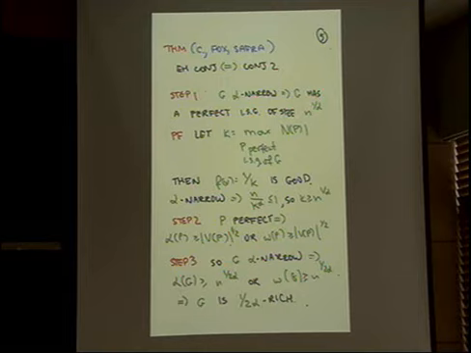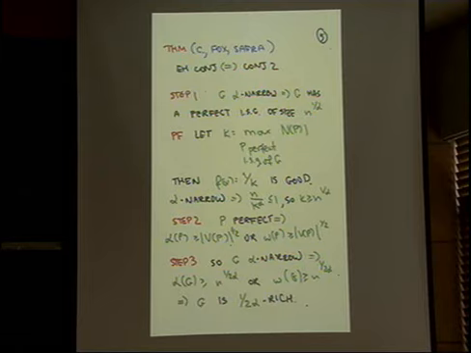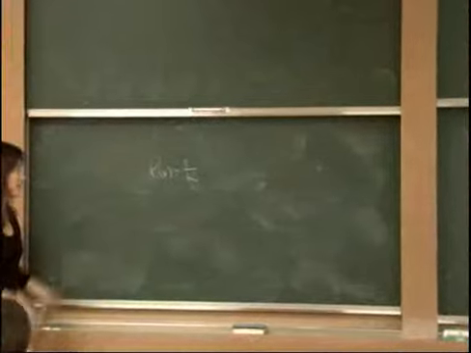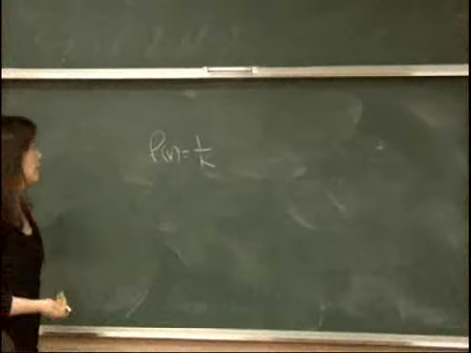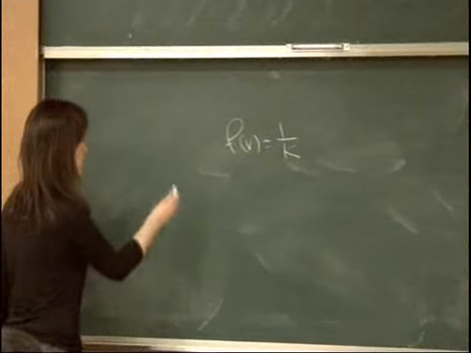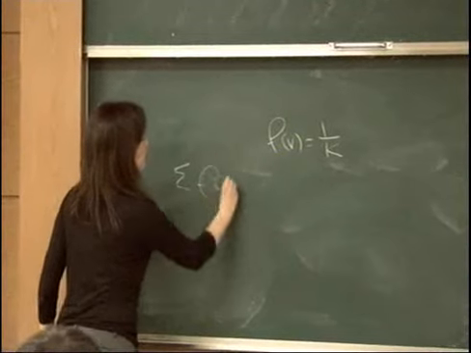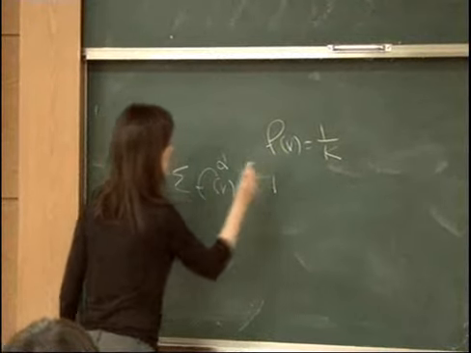And that's because, let k be the size of the biggest perfect induced subgraph. Then if I take a function which is f of v equals 1 over k for all vertices v, well, that's a good function, right? All perfect graphs have size at most k, so that's a good function. Now, my graph is alpha narrow, so that means the sum of f of v to the alpha is at most 1.